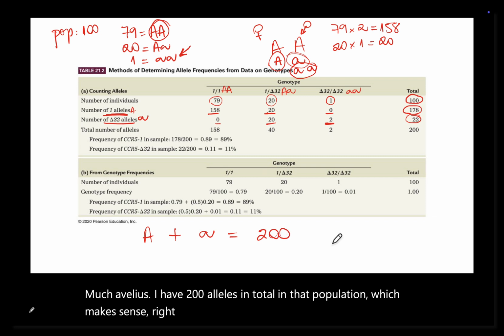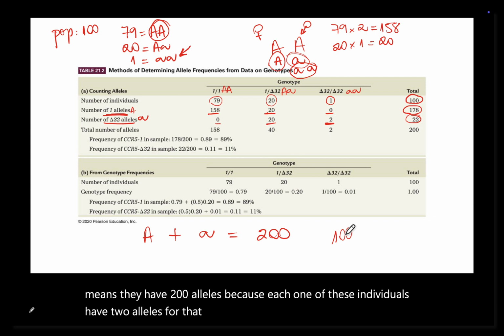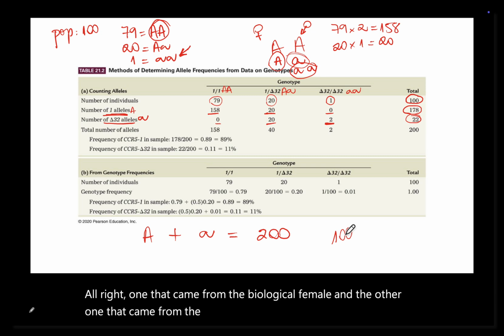If we have 100 individuals being analyzed, that means they have 200 alleles, because each one of these individuals has 2 alleles for that gene. All right, one that came from the biological female and the other one that came from the biological male.